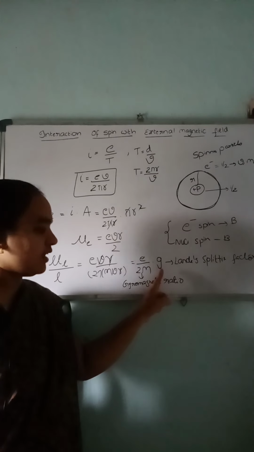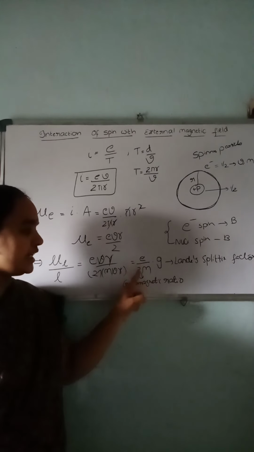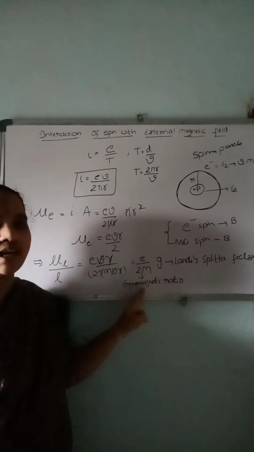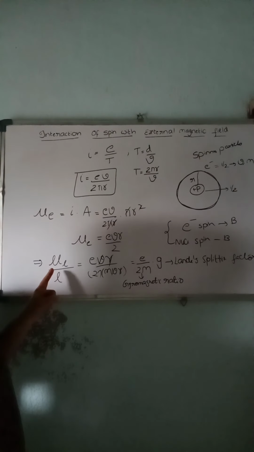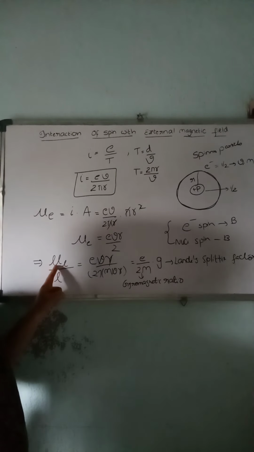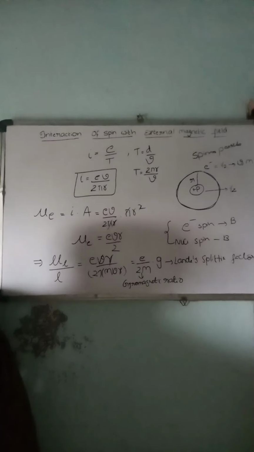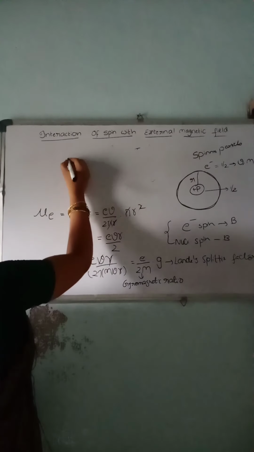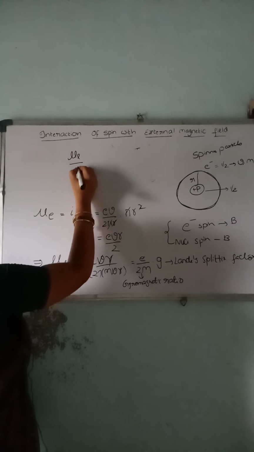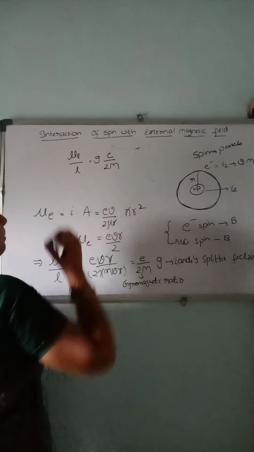Its value is 1 for orbital motion and 2 for spin motion, and e/2m is also called the gyromagnetic ratio. So this is the ratio of the orbital magnetic moment of an electron to the orbital angular momentum, that is, mu L by L is equal to g e/2m.